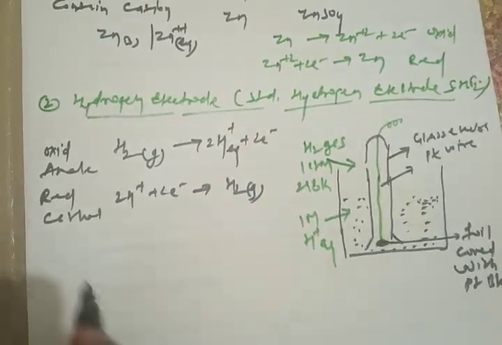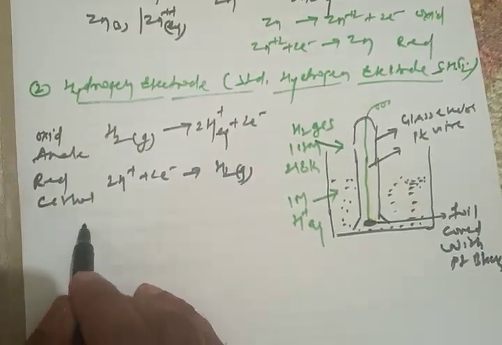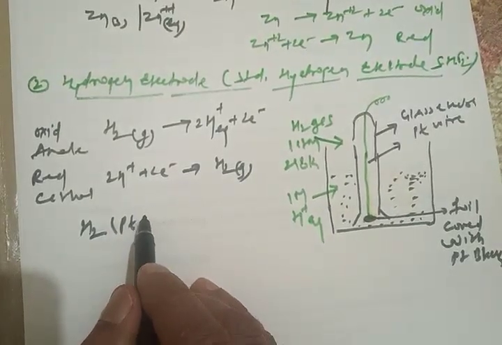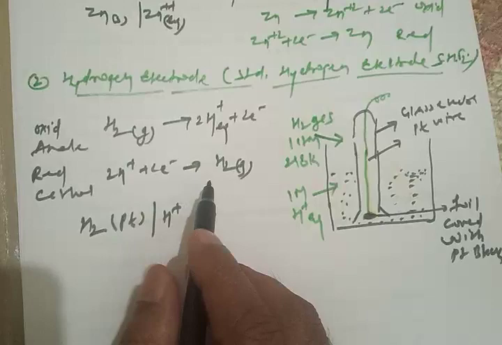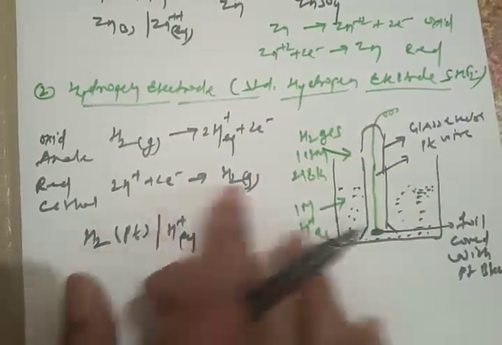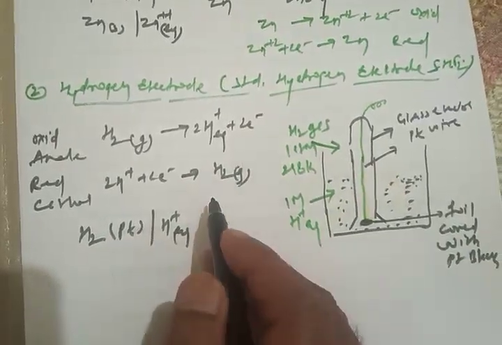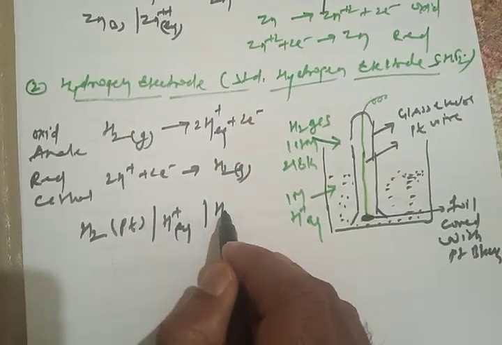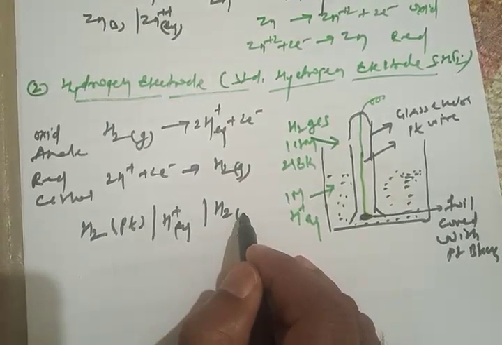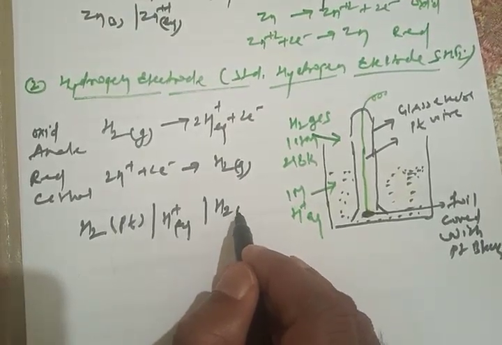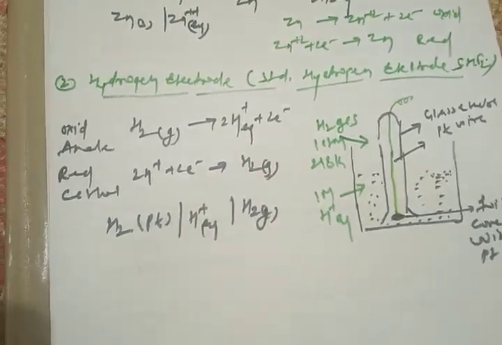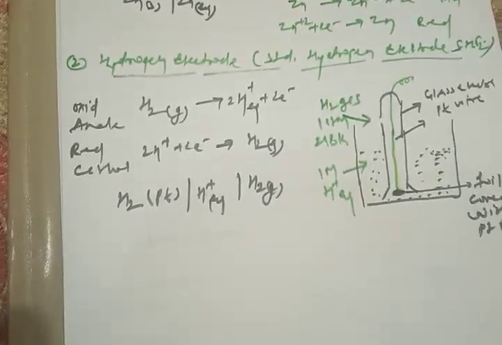The cell reaction is written this way: hydrogen with platinum wire is converted into H+ aqueous, and it is then in H2 gas. So this is the half cell reaction for both.